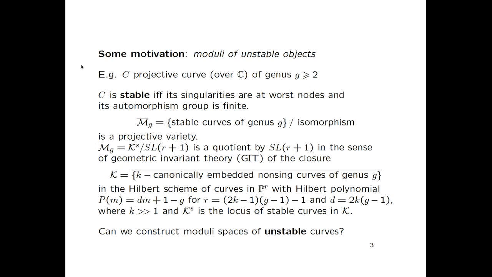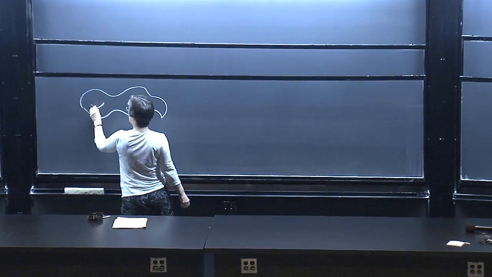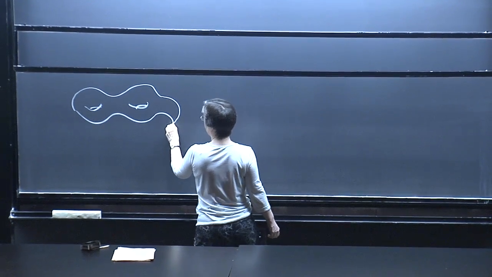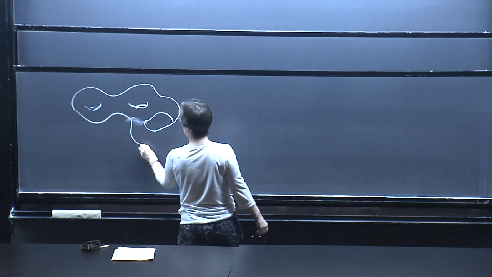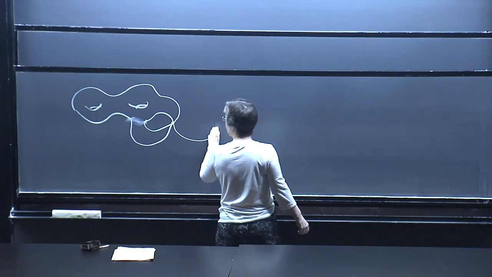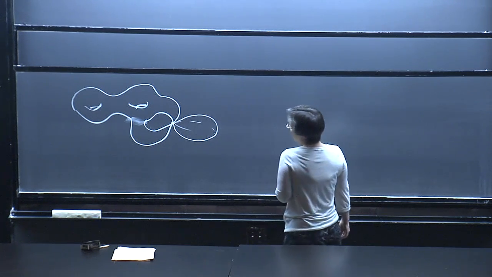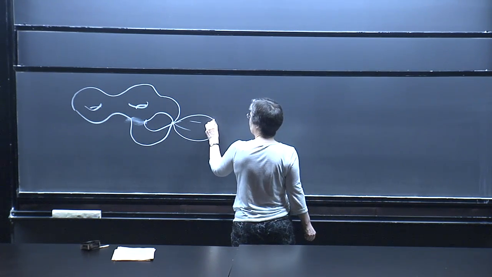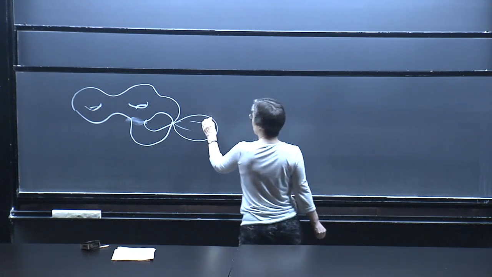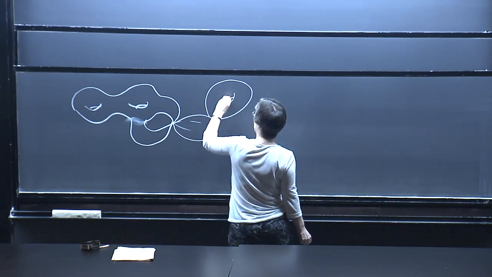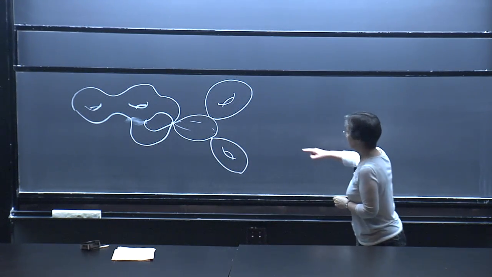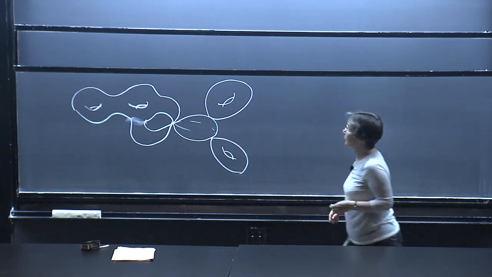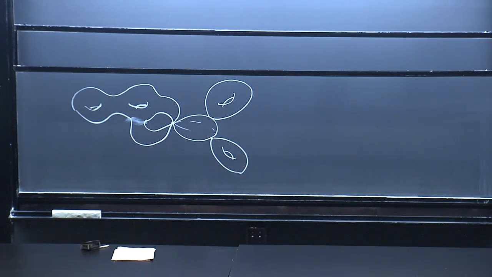A curve is stable if it's allowed to have some singularities, but fairly minor ones: at most nodes, but the automorphism group has got to be finite. So if you've got a P1 in there, then you've got to have at least 3 special points, singular points, to make the automorphism group finite.